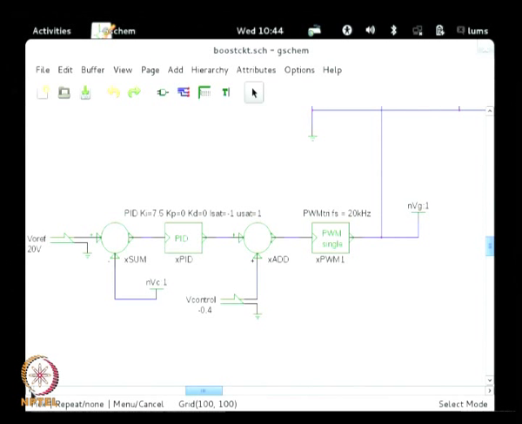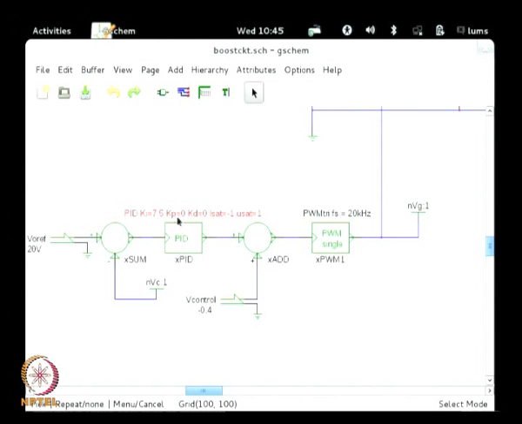And what I was talking about just now is this portion. See, you have a V naught reference, let us say 20 volts, you are feeding back NVC from the output node, comparator, goes through a PID. This PID value I have fixed to the gain we found out from the root locus plot in the last class.